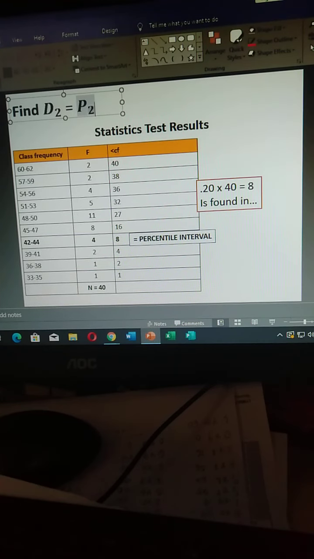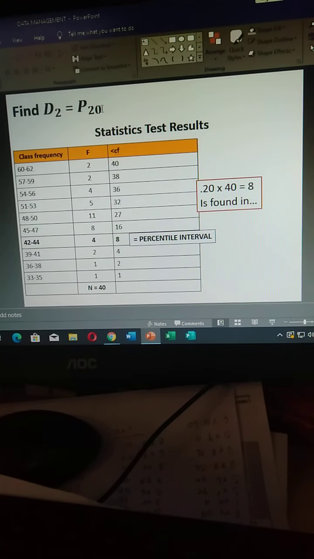It's correct, it's P20. So let's convert 20 into a decimal, so from 20 it becomes 0.20. Always, this is our foundation for the basis of our answer.